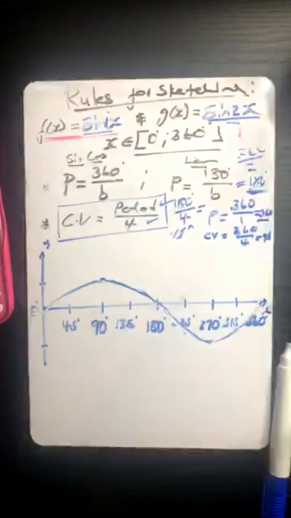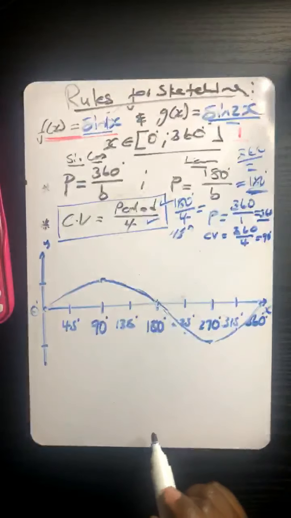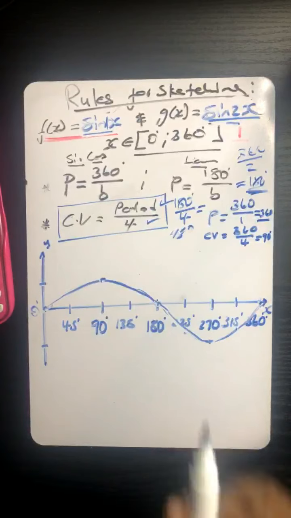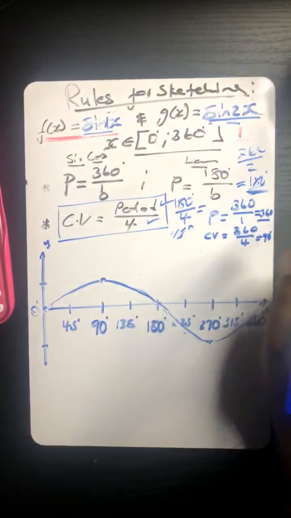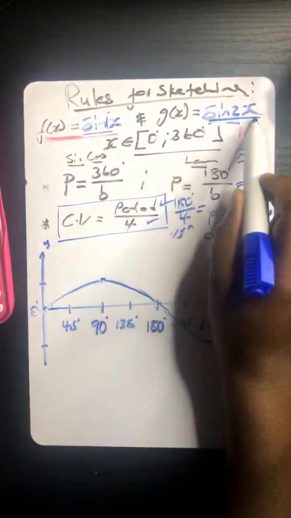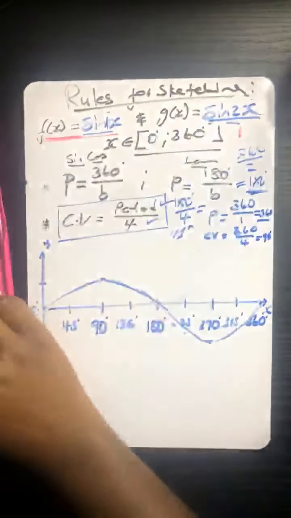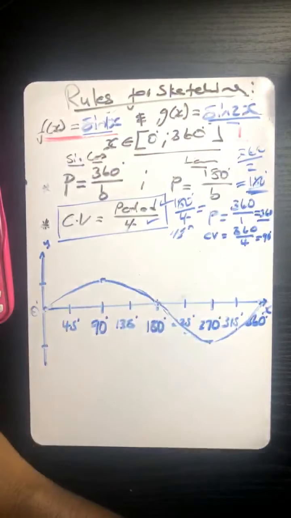Okay, so now in that case, let's quickly try to sketch this one of sine 2 angle. How you sketch it, you just punch it to say sine of 2 inside the brackets.